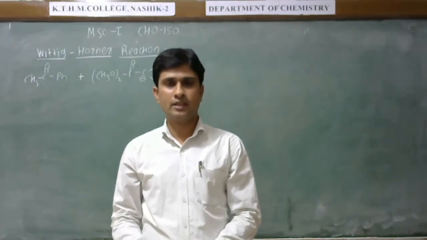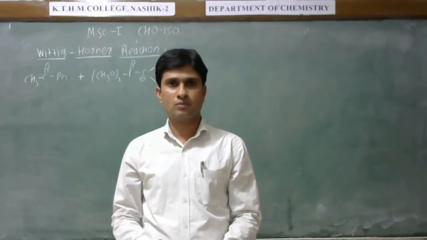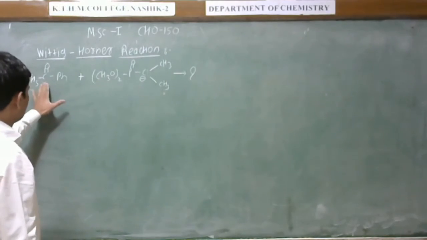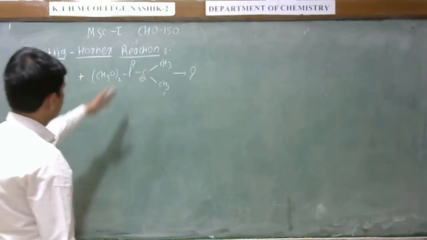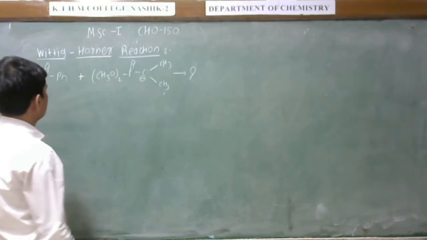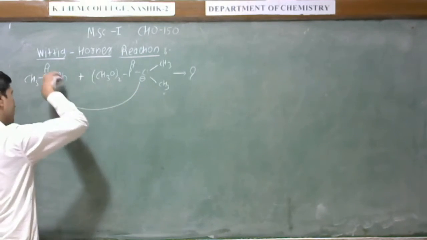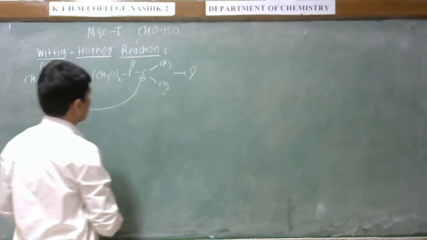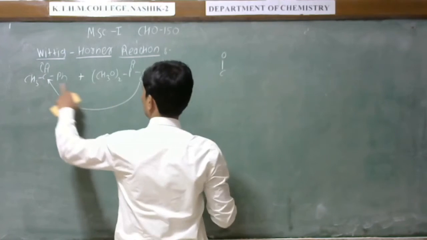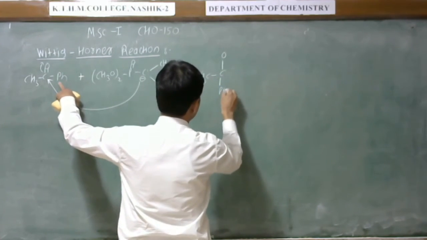Example of the Wittig-Horner reaction, in which we convert the ketone into the olefin. See, this is the acetophenone that we have taken here, and this is the phosphonate compound, that is the phosphorus ester. So in this reaction, this negative charge will be attached to the carbonyl carbon, and this bond gets opened, and we get the carbon, the oxygen, the CH3, and the phenyl ring.